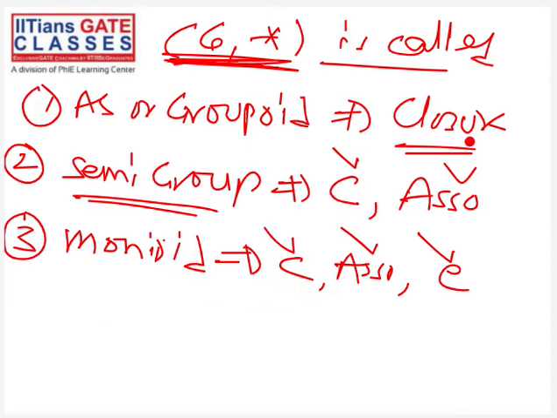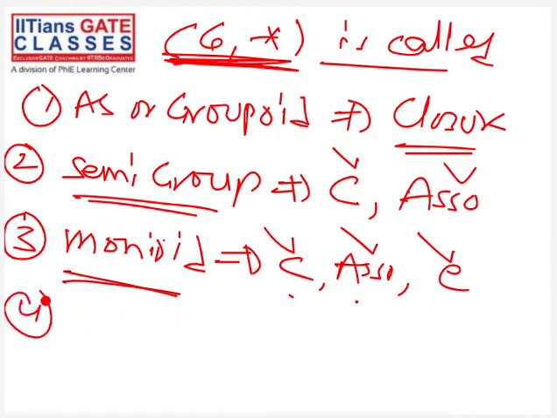Okay, so you see we have already seen all these things: closure, how to check for closure property, how to check for associative property, how to find the identity element. We know all these things. So this is just a definition that given this base set and operation, this pair will be called monoid if closure property is satisfied, associative property also satisfies, and identity element exists.